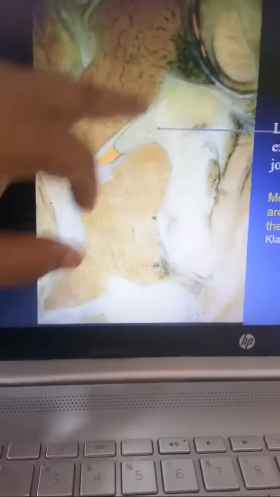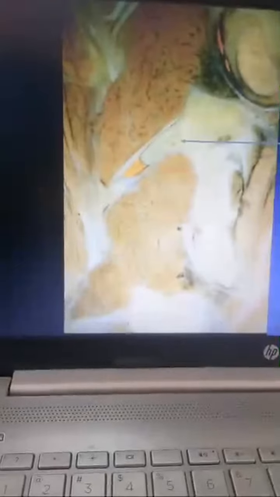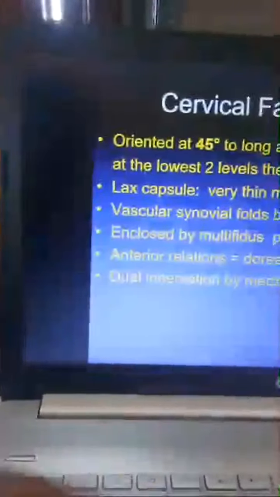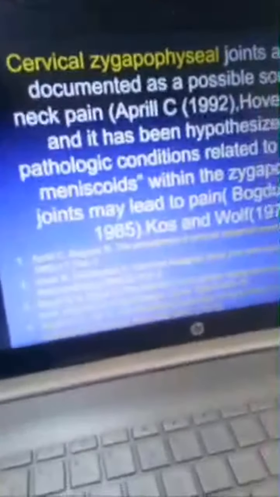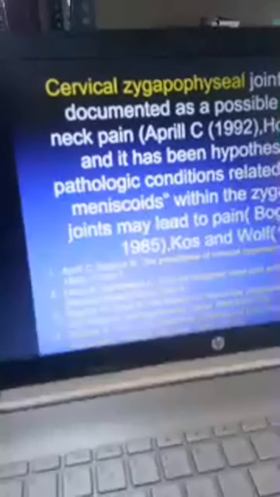This is another very nice slide. You can see the articular or synovial fold distributing the load in the facet, and sometimes due to inappropriate positioning it can get displaced, and with mobilization we can put it back into its original structural and functional position. This is about the facet joints, which make an angulation, and facet joints can be a cause of pain; there are so many publications related to it.